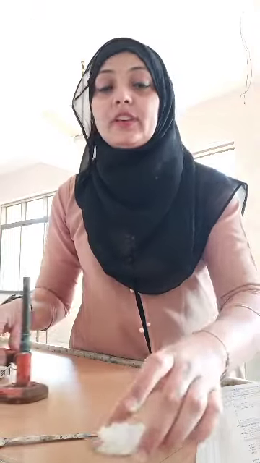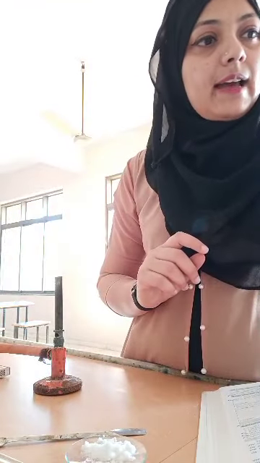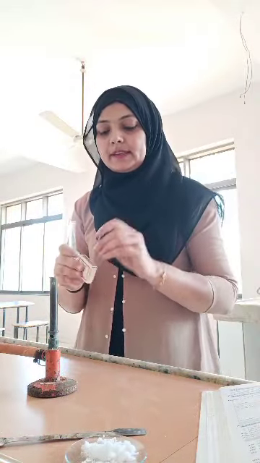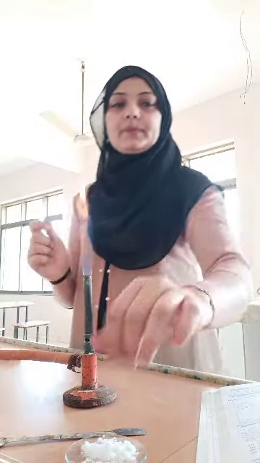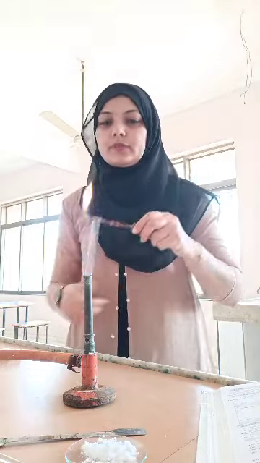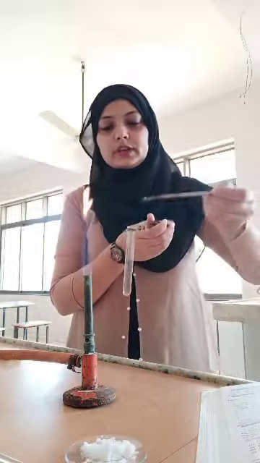Then we are going to do the dry test tube heating. For this you need a very clearly dry test tube. You should not use a test tube which has water. Your test tube should be really dry. So I have to light the burner and use the test tube holder, and take a pinch of salt.